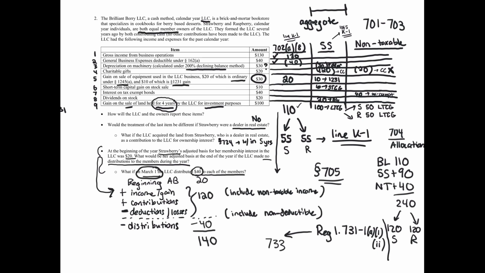And that will give us a $100 basis. It could make a difference, because if our basis at March 1st was, let's say, $30, and we have a $40 distribution, we would have a $10 capital gain, a $0 basis, and our basis at the end of the year would be $110. But we'd have a $10 gain. You'd rather have no gain and a $100 basis than $10 of capital gain and 110 basis.